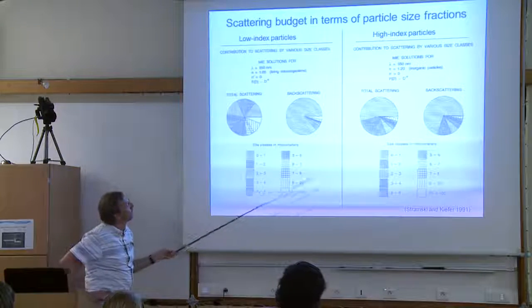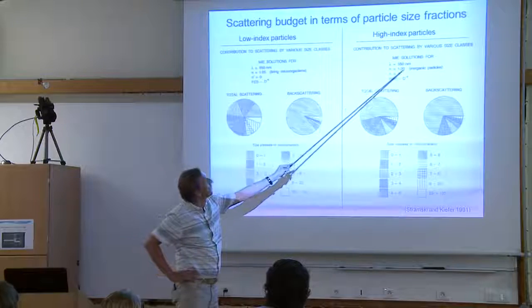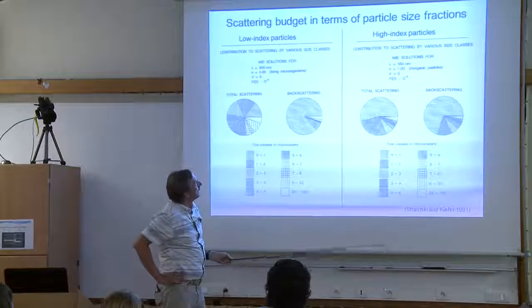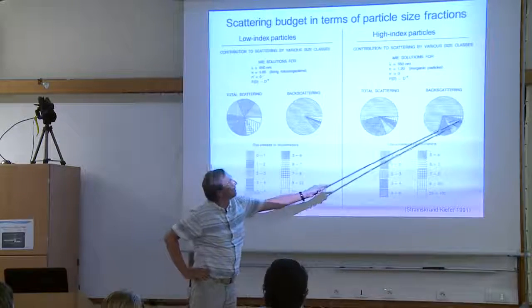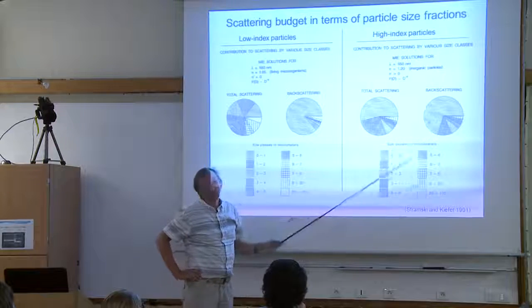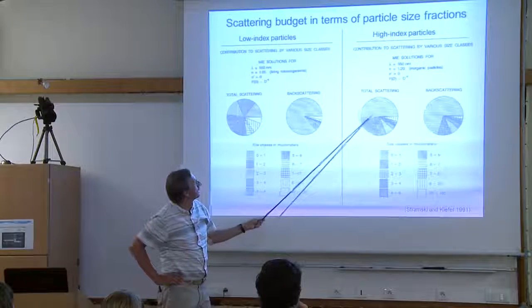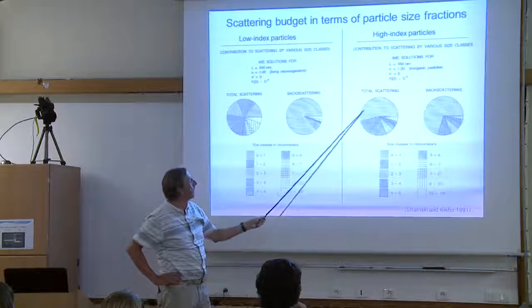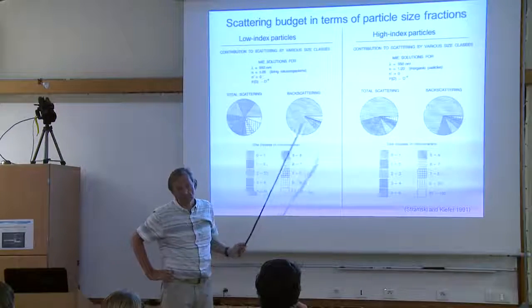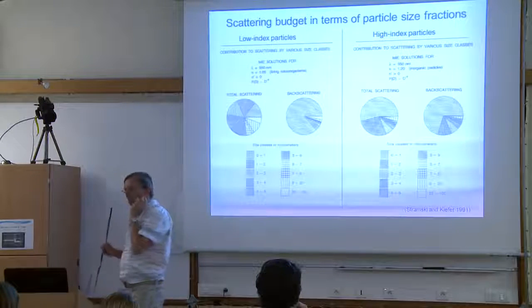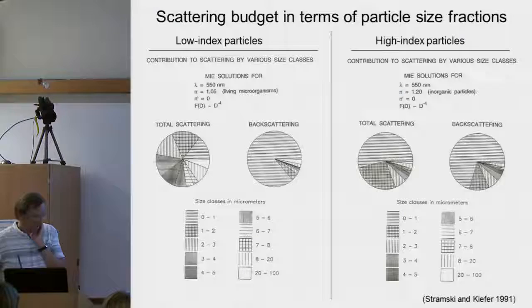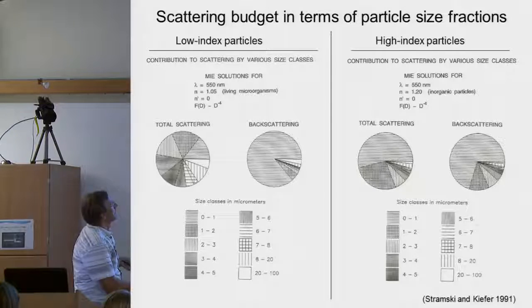And if we go to high index particles like 1.2, you still have a huge effect of submicron particles on the backscattering, and more effect for high index particles for total scattering. So this kind of work suggests to us that it makes sense.